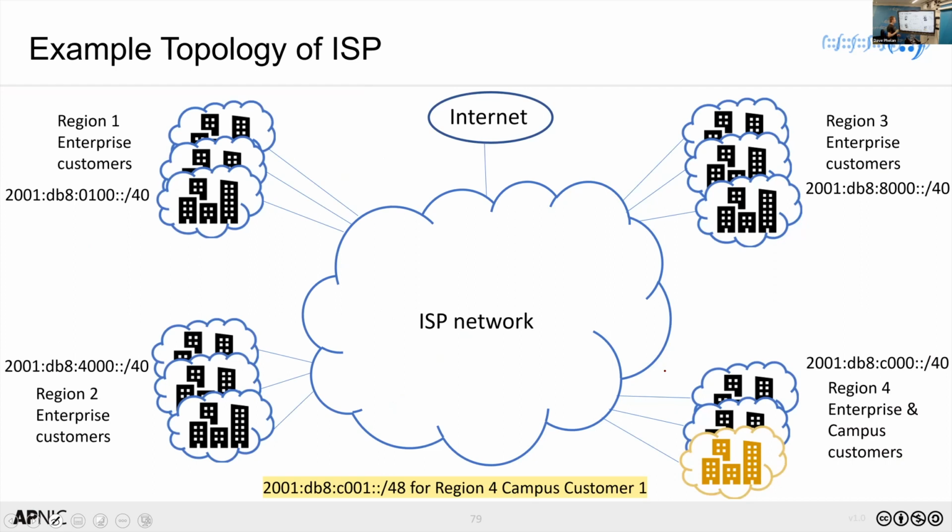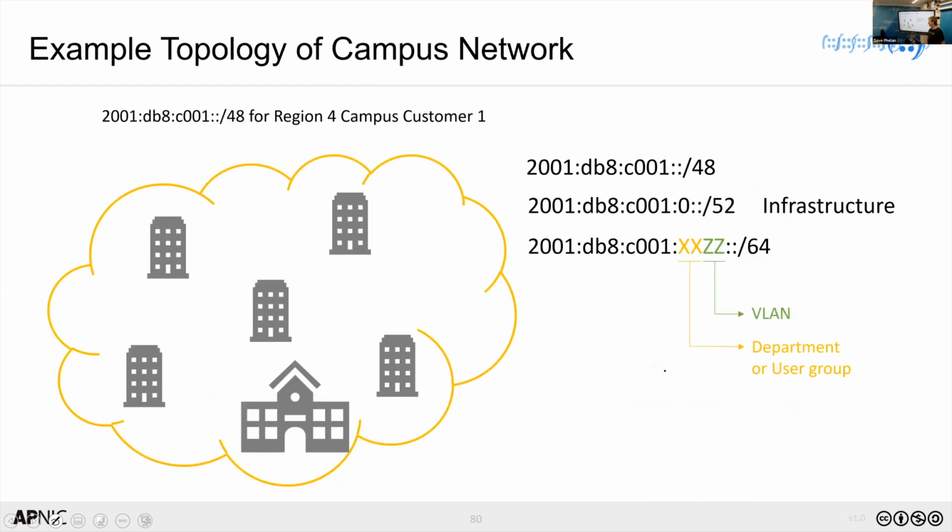So what about a campus network? This one's even easier. So again, we'll take out the first /52 for our infra. And then we can go, all right. My first 2 nibbles outside of 0 are my department.